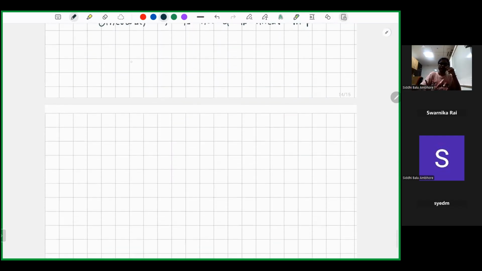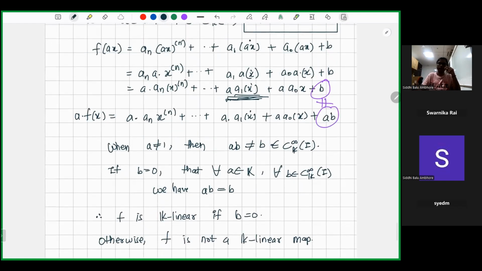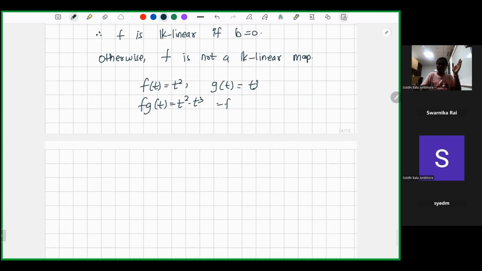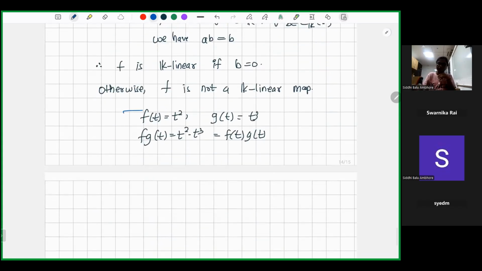Like if my f is t going to f of t is t square, g of t is t cube, then this fg is just t square into t cube. If I consider all these as functions, they are just products. This is f of t plus g of t kind of situation.